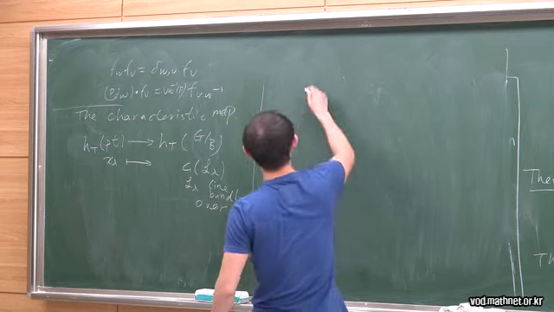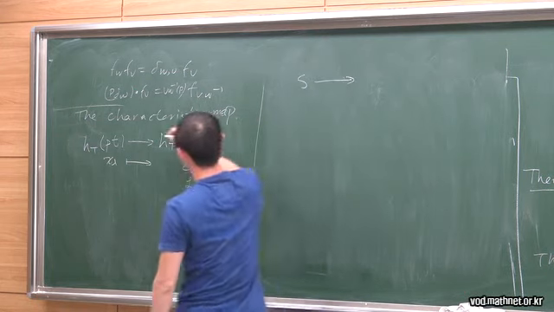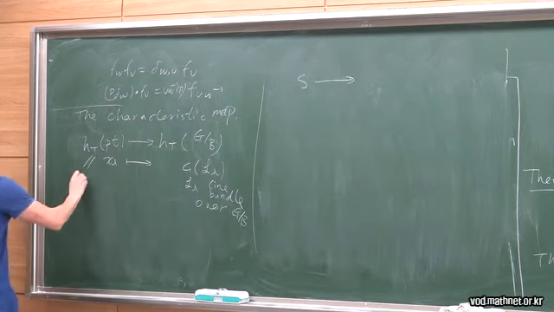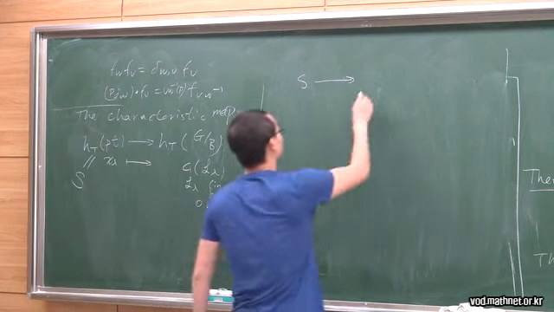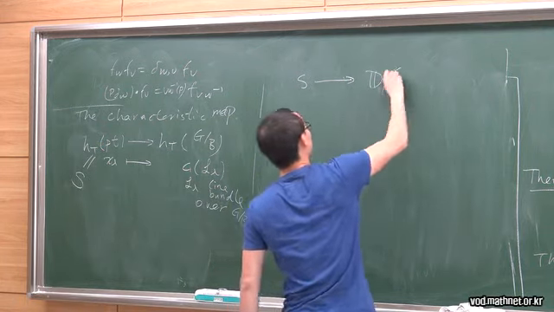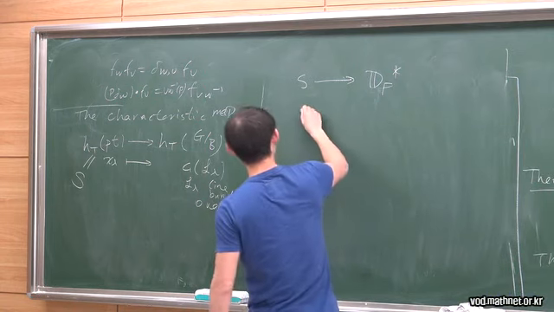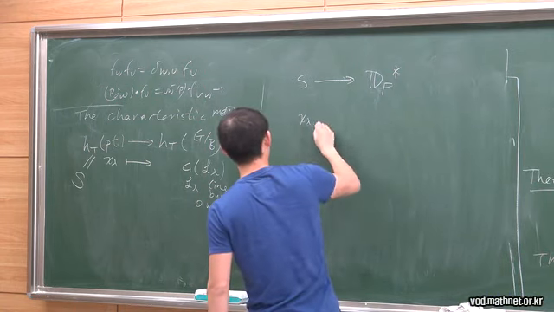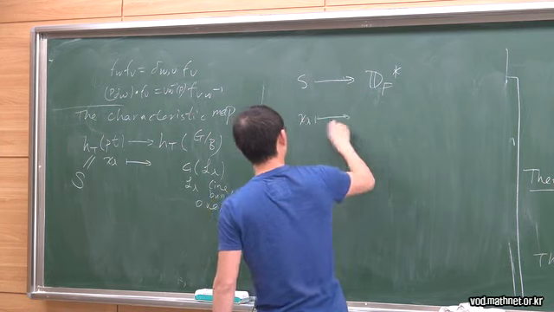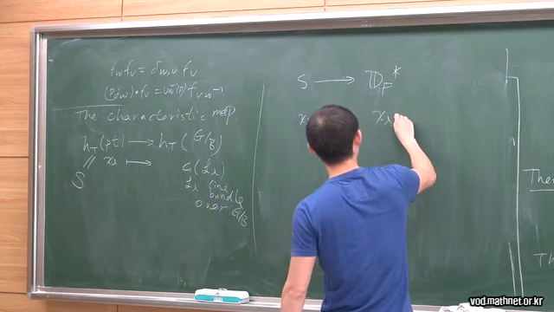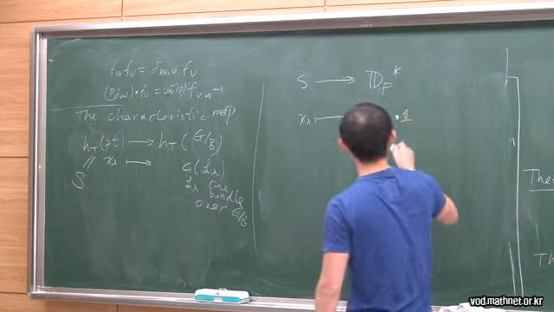So if you have S, because this is just S, and this is DF star, you need a map going from S to DF star. To do that, you take x lambda, and you apply it to the unit.